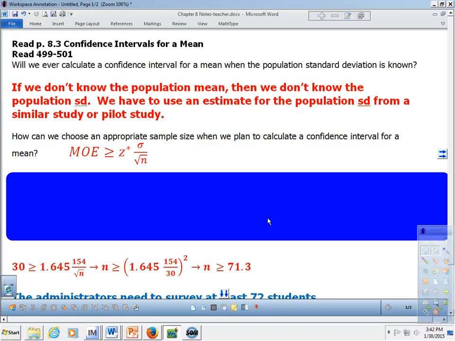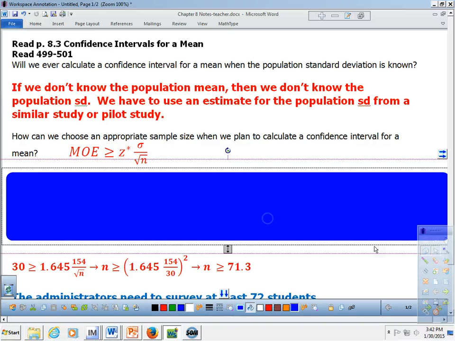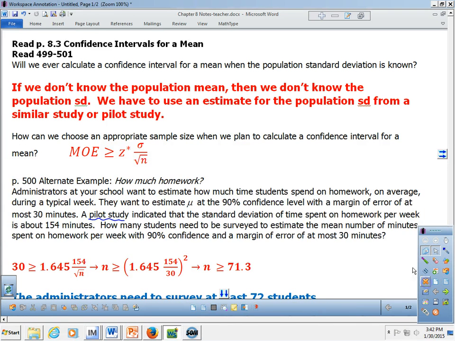If we don't know the population mean, then we're not going to know the standard deviation. So we have to use an estimate for the population standard deviation. And we can do that either from a similar study or a pilot study, and that's why I underlined pilot study there. Okay? But obviously that's not the same as knowing the population standard deviation.